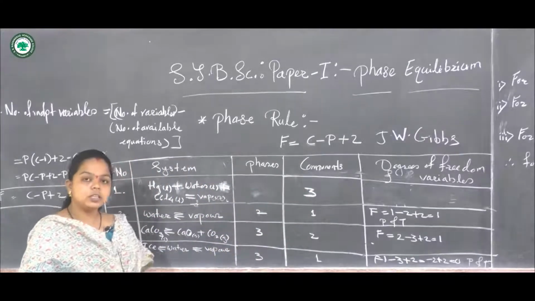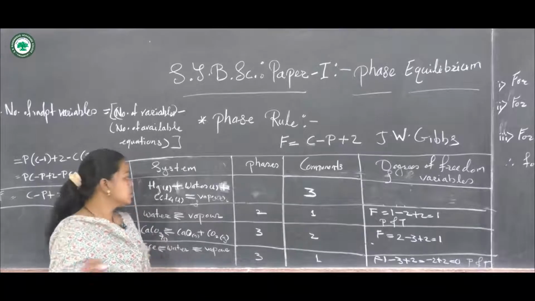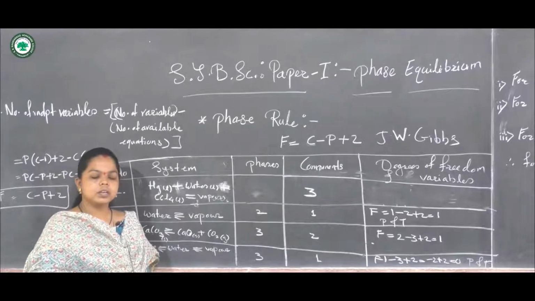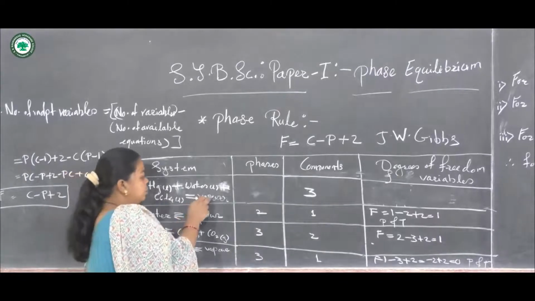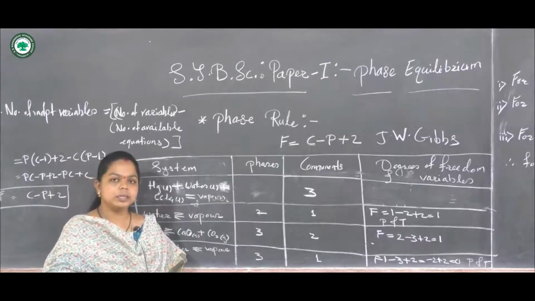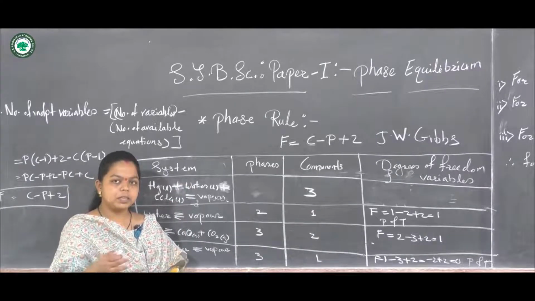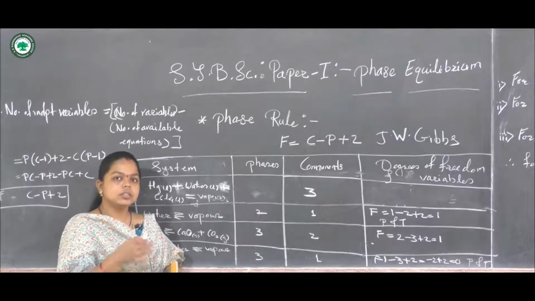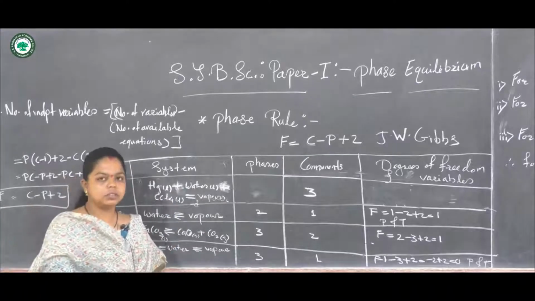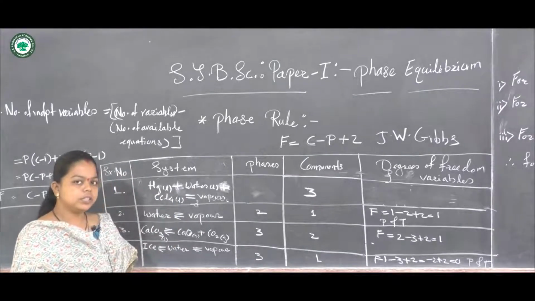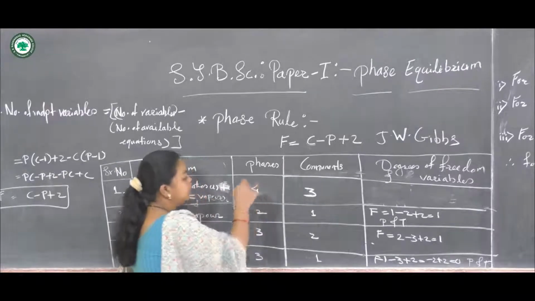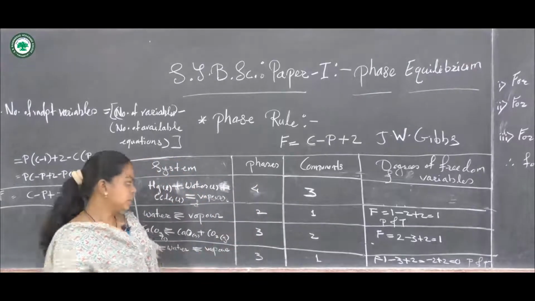And now here 4 phases are present, because independently these 3 liquids form 3 phases, and when vapors are formed, these vapors are formed by the 3 corresponding liquids at the corresponding temperature and pressure. This vapor has a composition corresponding to water, mercury and CCl4, which is different from each individual liquid. So vapor will form another phase. So a total of 4 phases are given for this system.